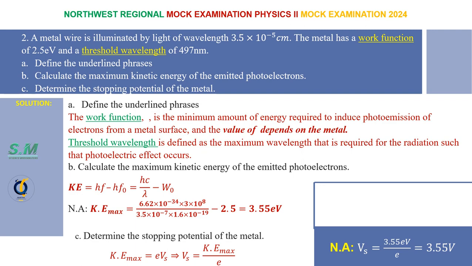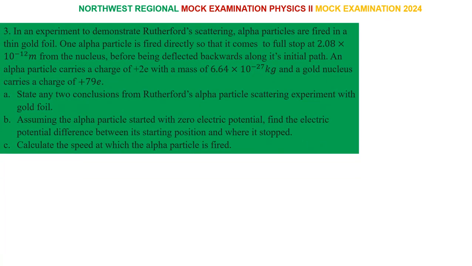So let's proceed to the next question. In an experiment to demonstrate Rutherford scattering, alpha particles are fired at a gold foil. One alpha particle is fired directly so that it comes to a full stop at 2.08 times 10 to the negative 12 meters from the nucleus, before being deflected backwards along its initial path.